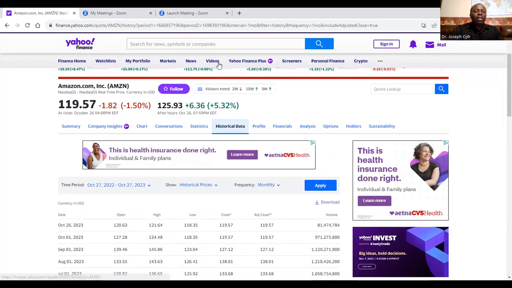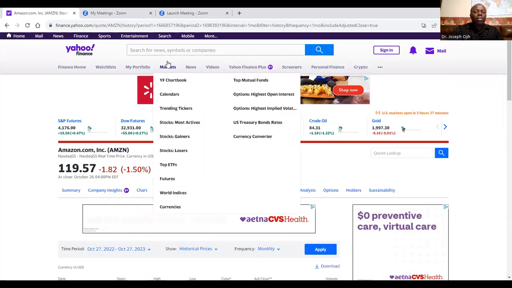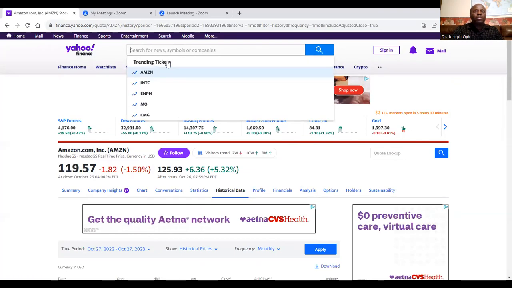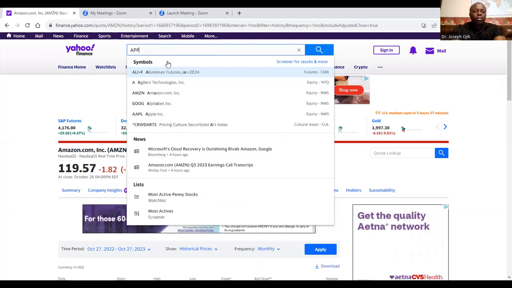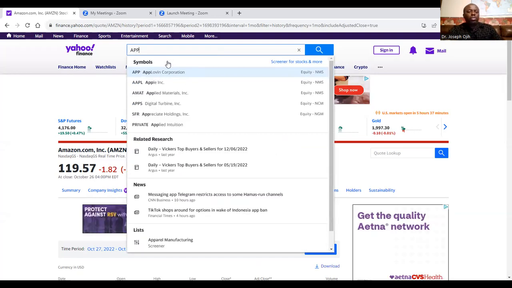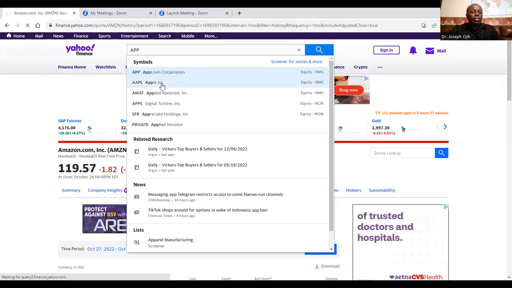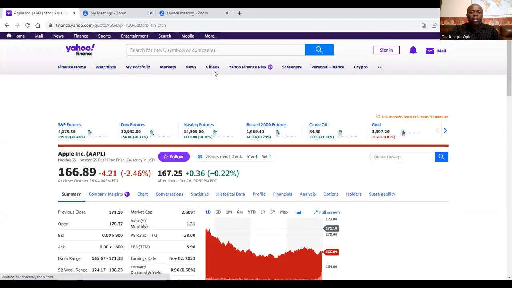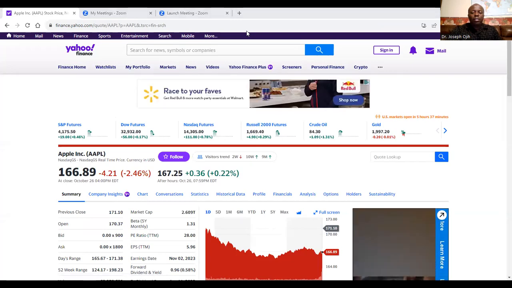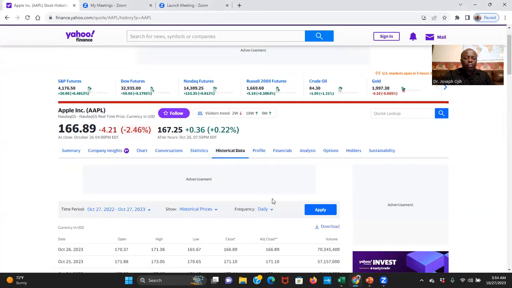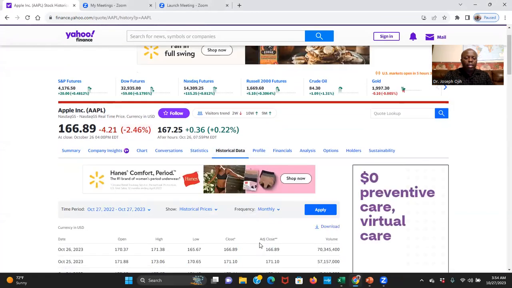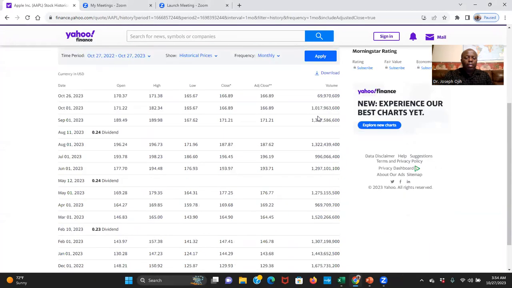Another company you can try is Apple Incorporated. Of course, you see the stock price here on the screen. And then let's see if they pay dividends. You can try the historical data, make it monthly, and apply it.